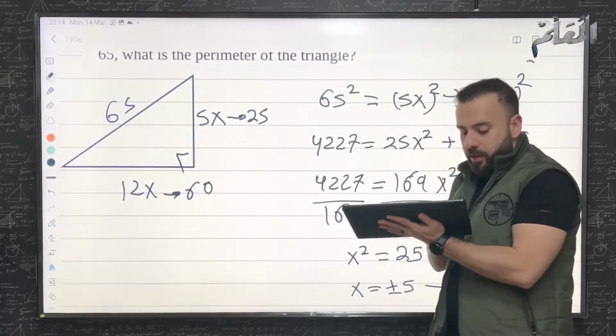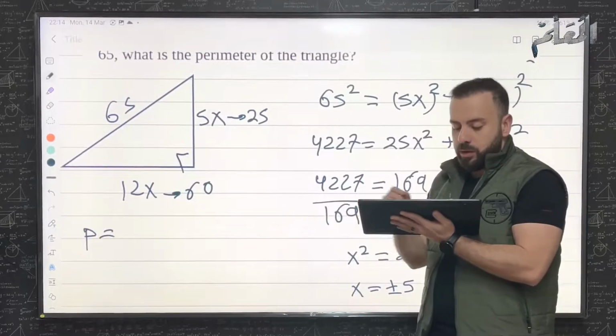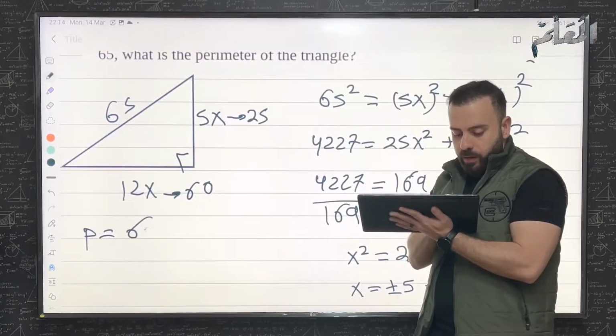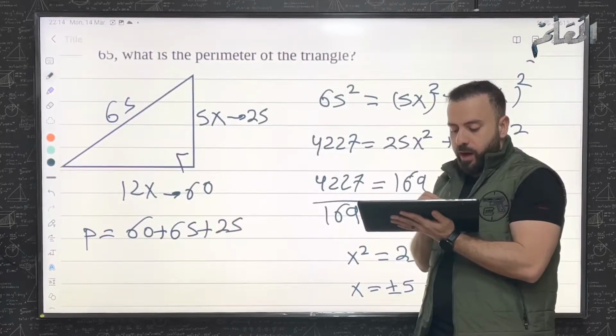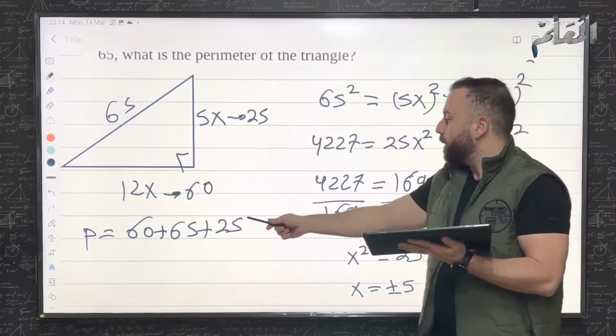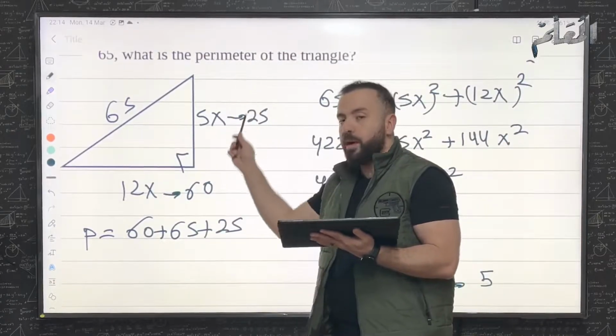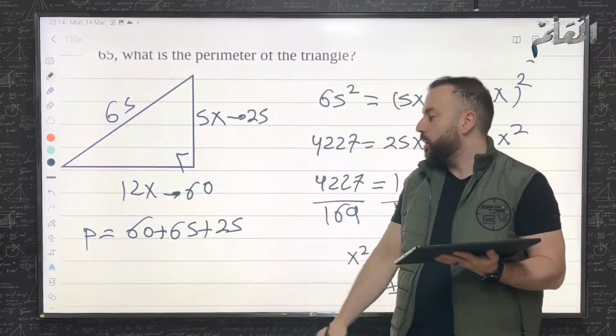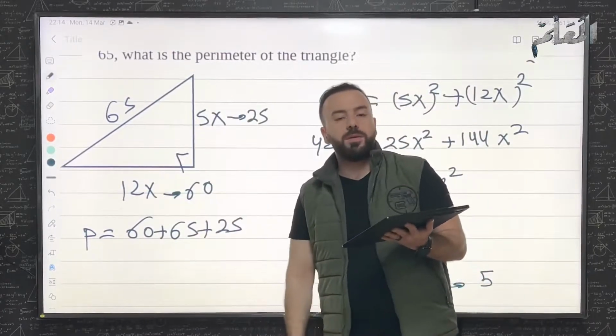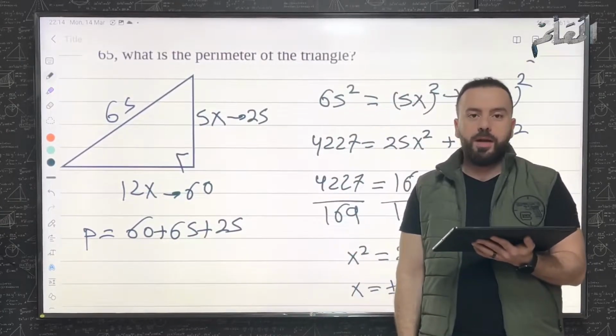So the perimeter in this case is equal to how much? 60 plus 65 plus 25, and that's equal to the perimeter of the triangle. Sum them up, you get the perimeter of the triangle.